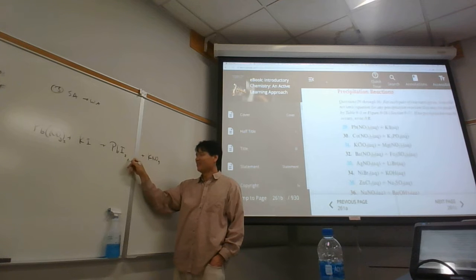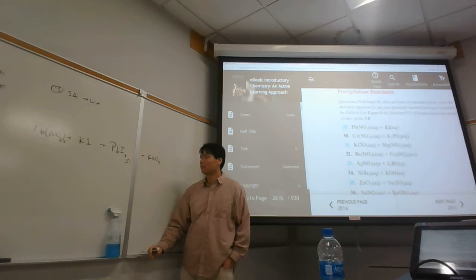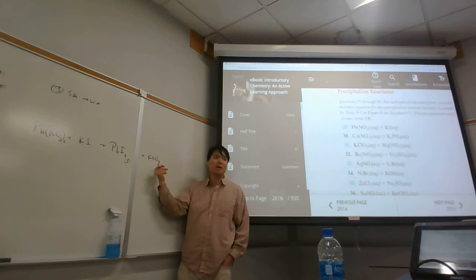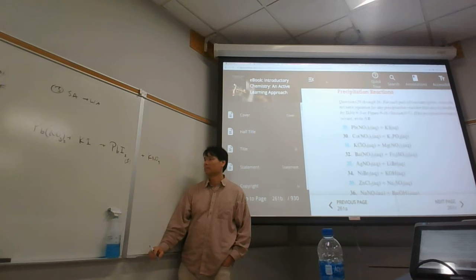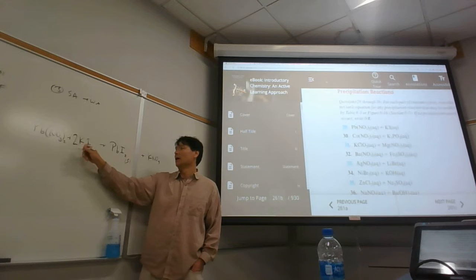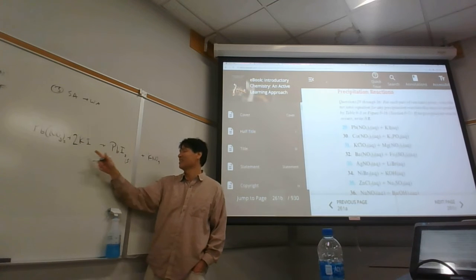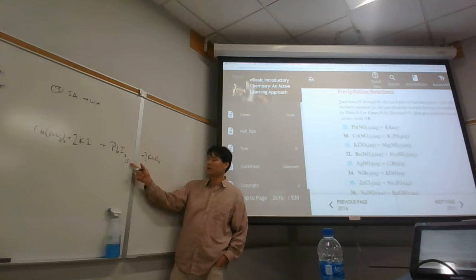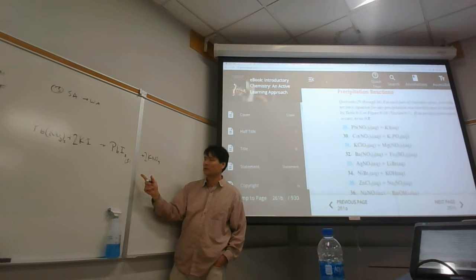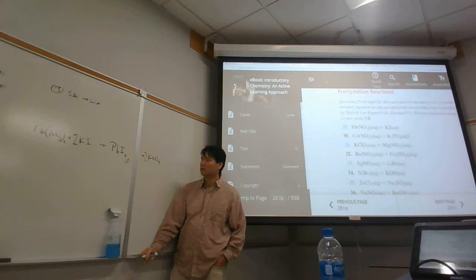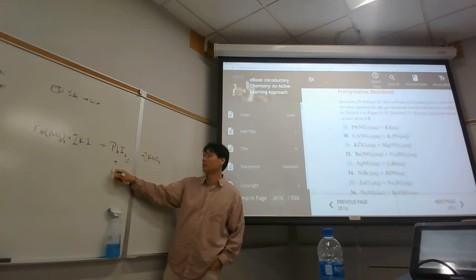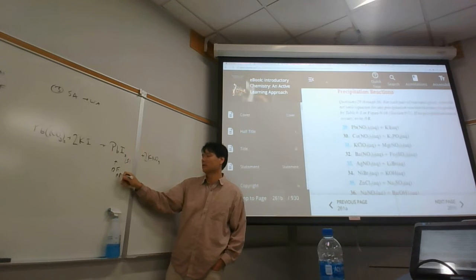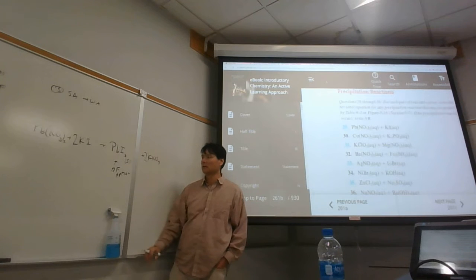The lead 2 iodide precipitates, forms an insoluble solid, but this one does not precipitate. And so we balance this. I usually leave off the aqueous just to save a little time. And then if it's non-aqueous, that is solid, liquid, gas, I write the state in there. And so here's the driving force. Driving force is precipitation of lead 2 iodide.